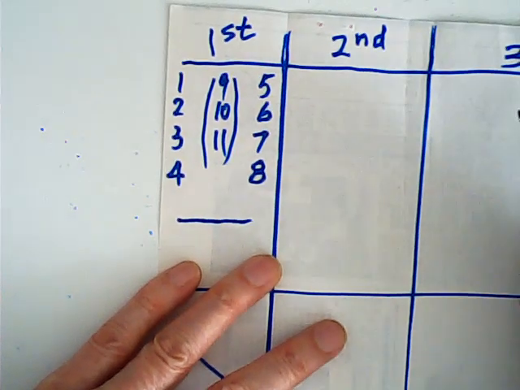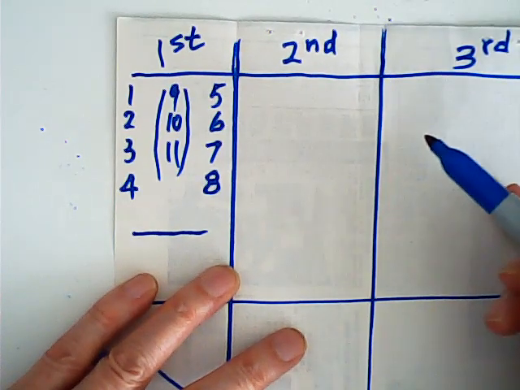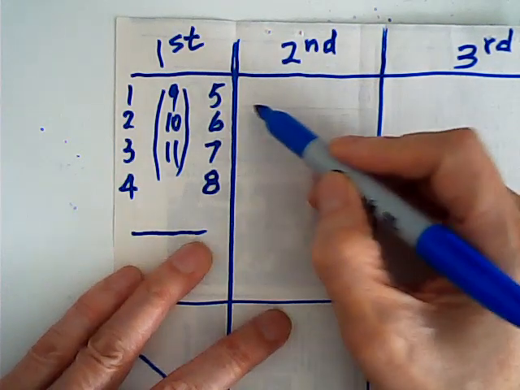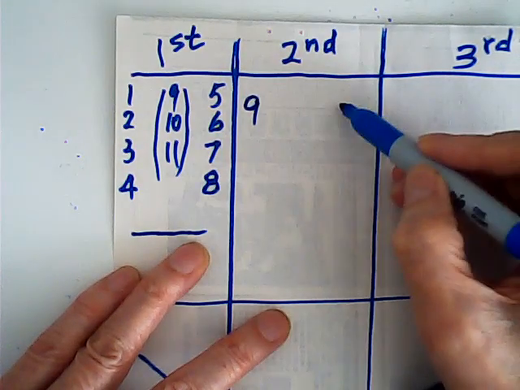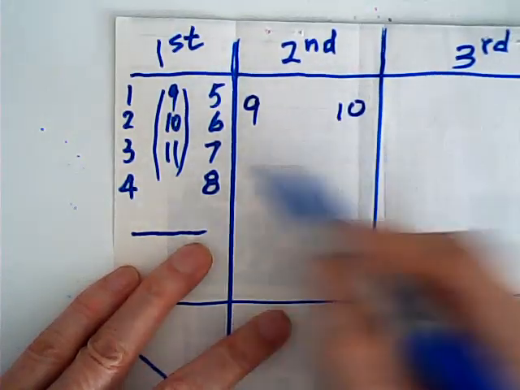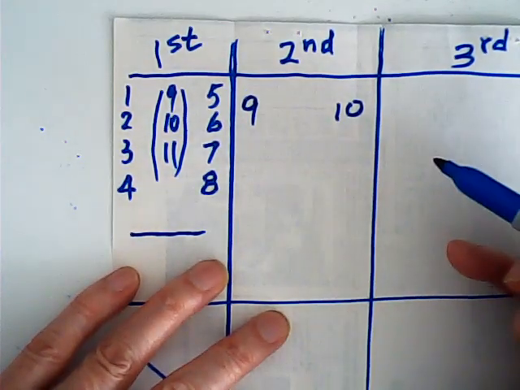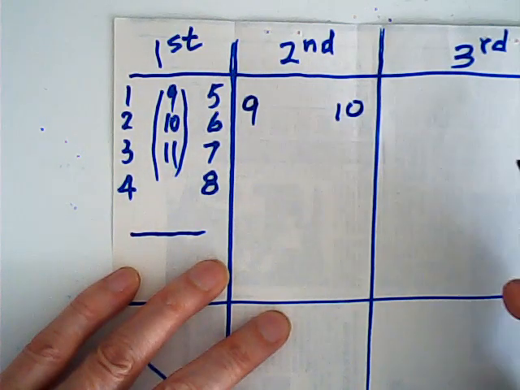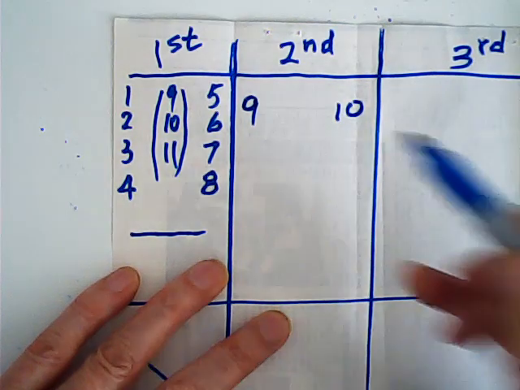Then I'm using the balance the second time. I put 9 on one side and 10 on the other. Just put these 2 eggs on the balance. Now they have the same three situations, right?